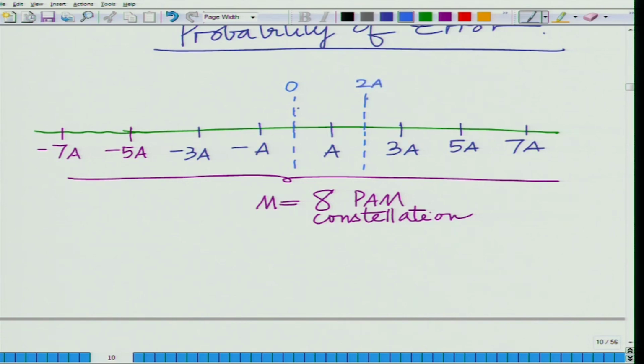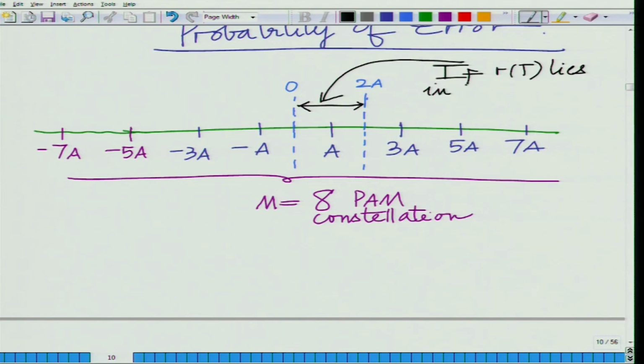So, if RT lies in this region, that is, we are using something very similar to BPSK again, if you think about it, because it has two constellation points. So, if RT lies in this region, decide A naught is equal to A.